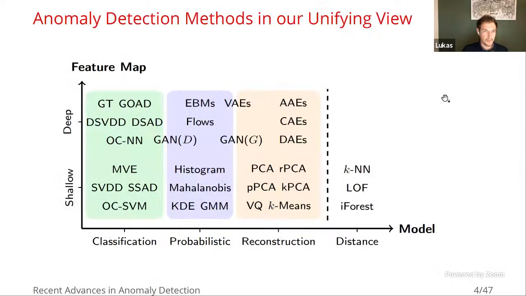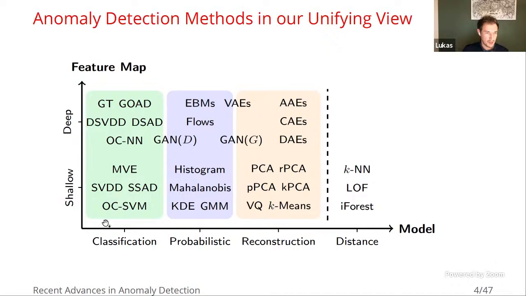And as an overview, this is a categorization of the methods that we present in this work along two dimensions. So the feature maps that they're using, so more classic, traditional shallow feature maps, so kernel methods, and deep methods.